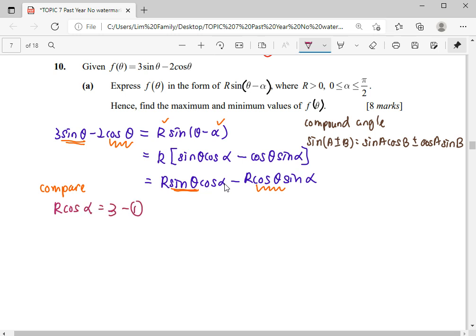So that will be our first equation, because we have two unknowns to find. When we have two things to find, normally we'll have two pieces of information. For the second part, you can see minus, yes, minus, they are in the same operation. For the part of cos theta, the coefficient of cos theta is 2. It means that R sine alpha equals 2. So that will be our second piece of information.